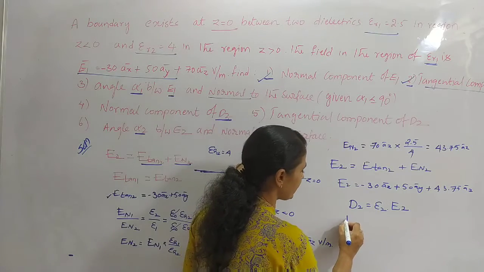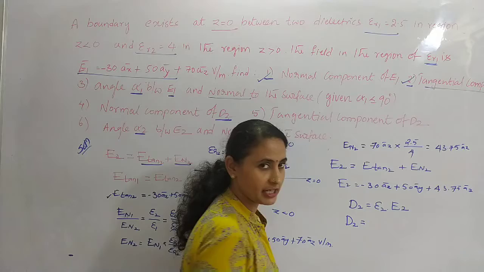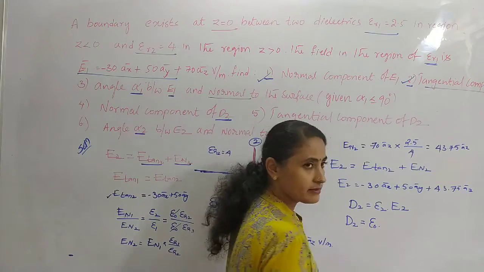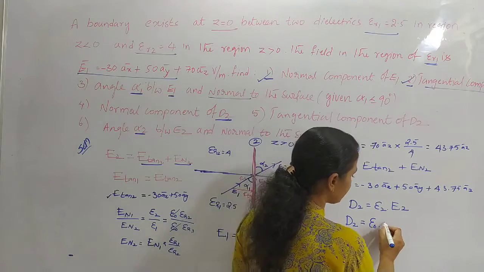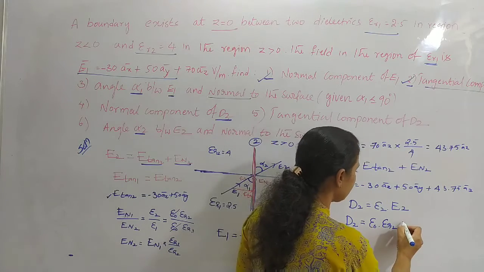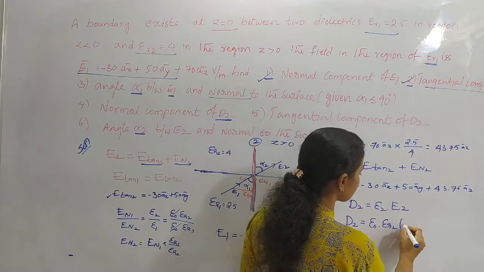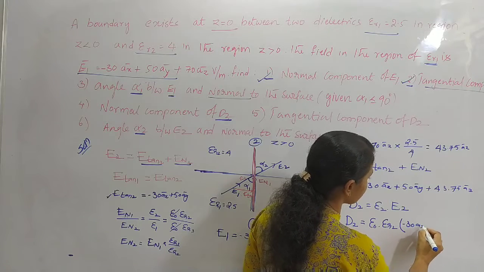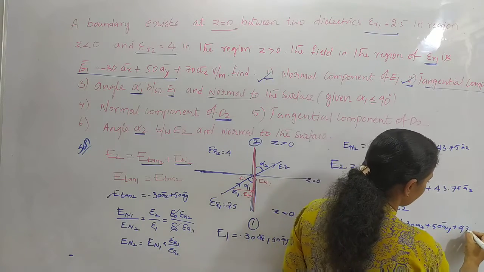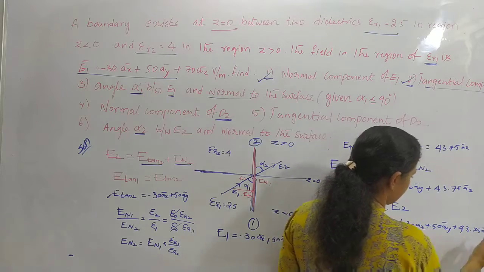Okay, so D2, the electric flux density in the second medium, is given by epsilon 2 times E2, that is, epsilon naught, the permittivity of free space, times the relative permittivity of the second medium, times E2. What is E2? E2 is minus 30 ax plus 50 ay plus 43.75 az.